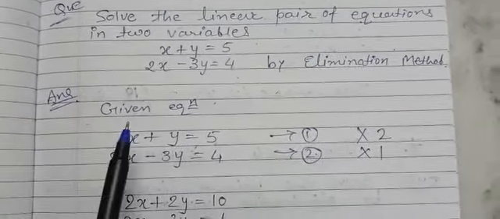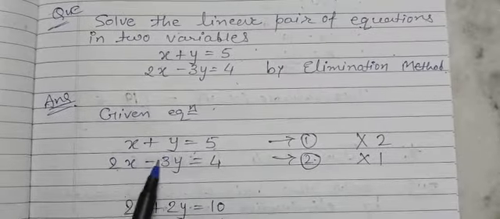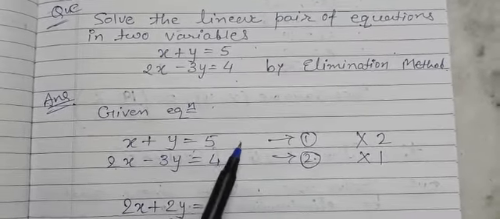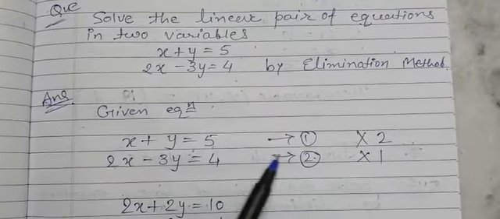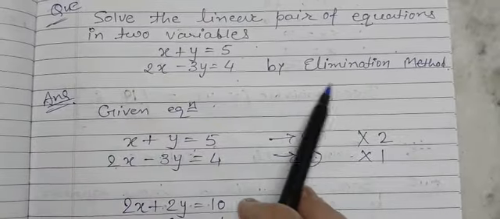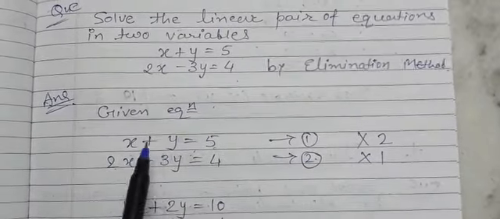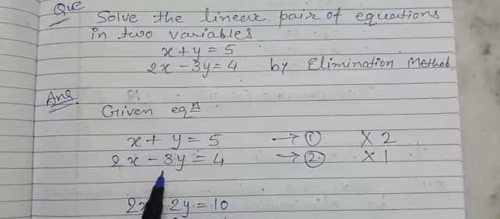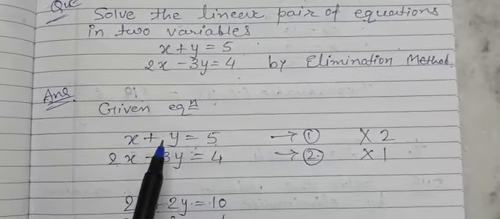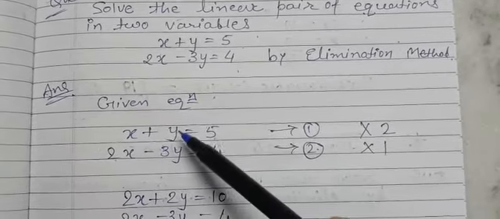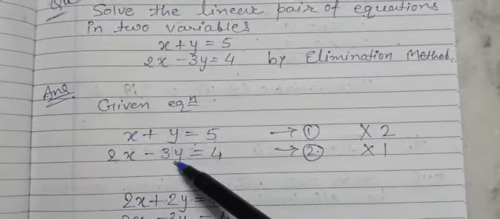Now the given equations are x plus y is equal to 5 and 2x minus 3y is equal to 4. This is our first equation and this is our second equation. When we talk about the elimination method, that means we have to eliminate the value of either x or y. When we want to eliminate a variable, its coefficient has to be the same in both equations.